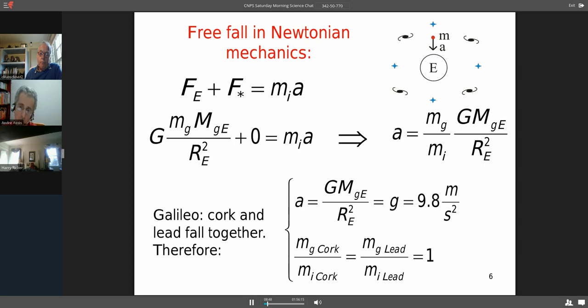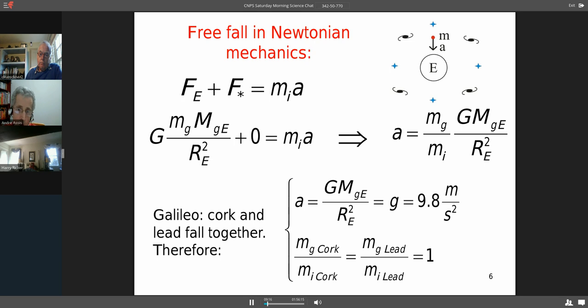Then we can divide both sides of this equation by the inertial mass of the apple, and we obtain that the acceleration will be a ratio between the gravitational and inertial mass of the apple times capital G mass of the Earth over radius squared. This is what comes from Newtonian mechanics.